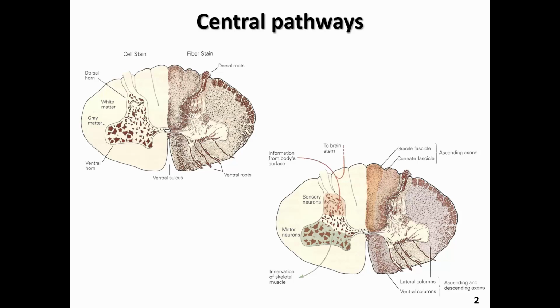Now we see here the extensive labeling indicates that there are unique regions that are somewhat compartmentalized in terms of how the spinal cord is structurally organized. And so what we see here on the left-hand side, clearly we have what's called the white matter and the gray matter to begin our distinction.